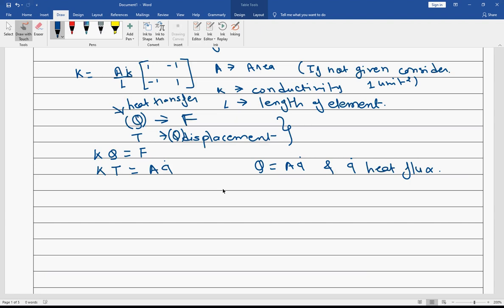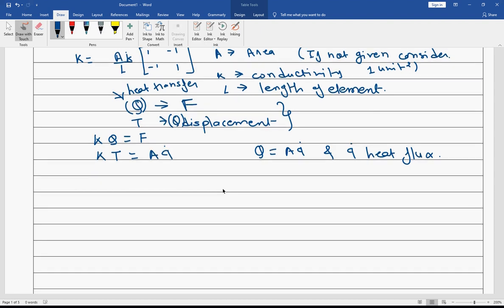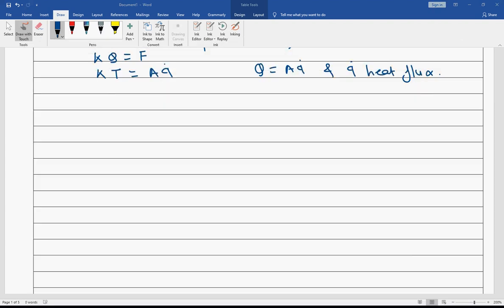So we'll try to solve a few numericals. There is gypsum whose conductivity is 0.05 watts per meter per degree Celsius.